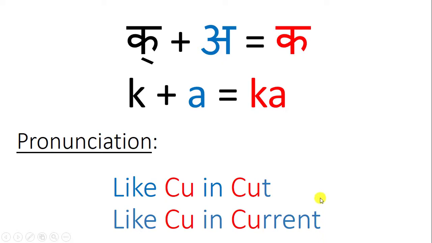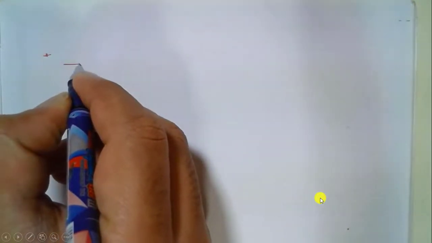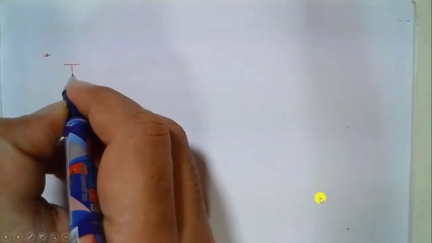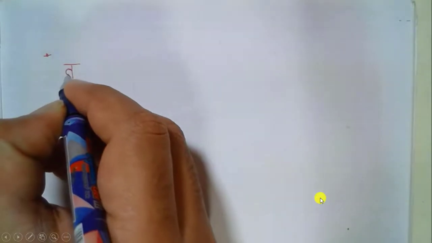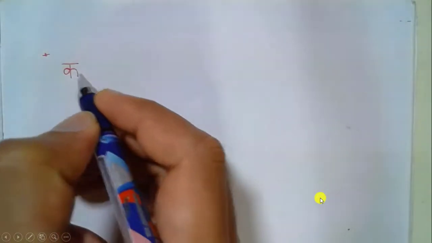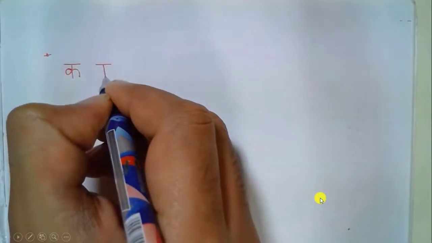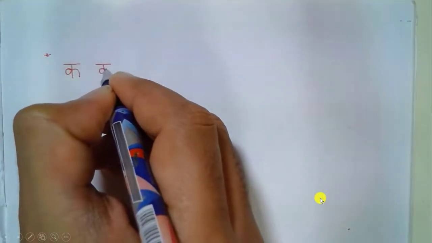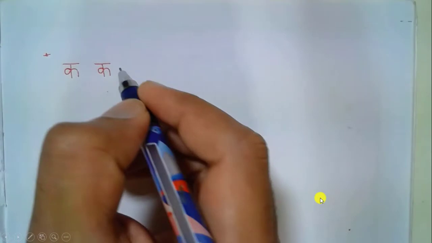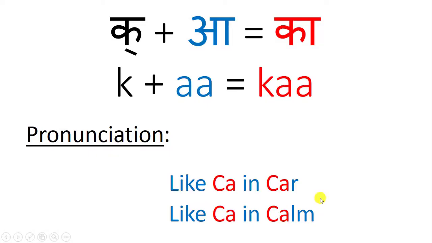Current. Alright, so that is the first sound. Let us see how to write it. We write K like this. Horizontal line, vertical line, and like this. So this is K.